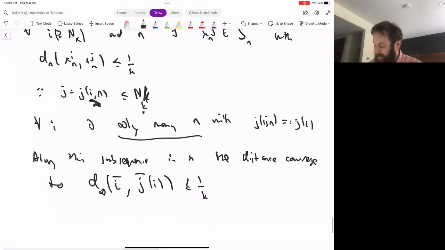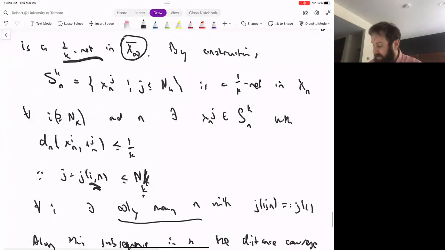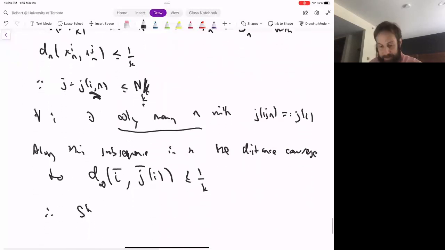And so therefore S_k, which was the set of all these, is indeed the desired 1 over k net.